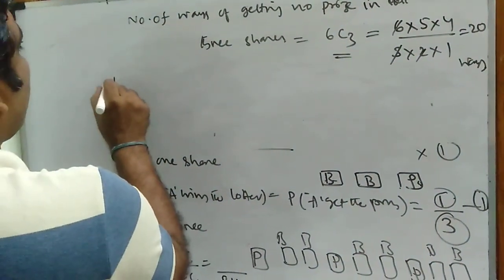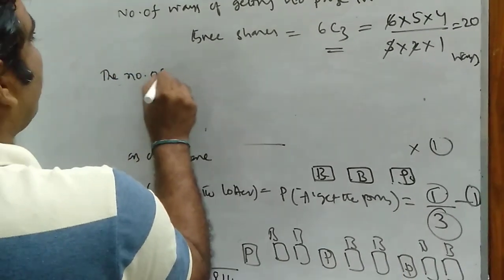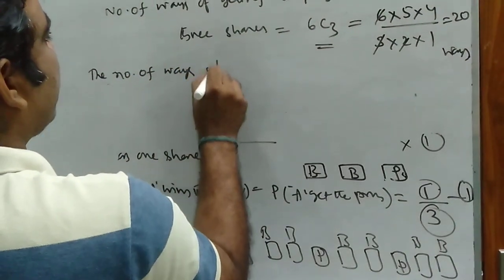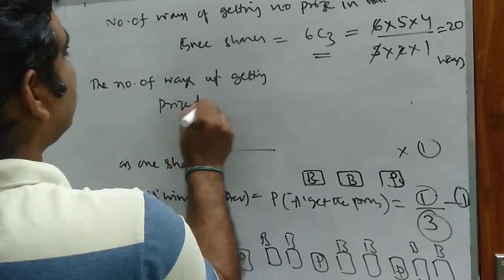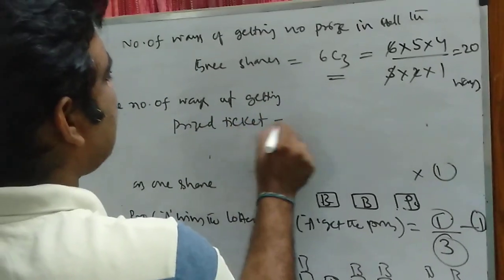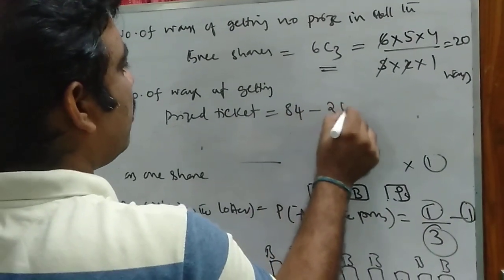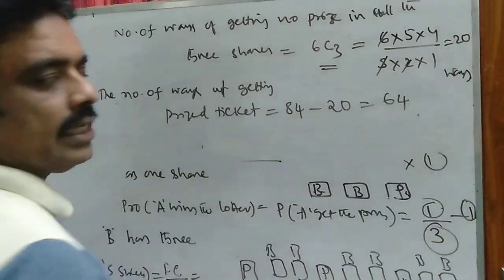So out of 84, 20 ways have all 3 blanks. Then the number of ways of getting a prize ticket is equal to total 84 minus blanks 20, that is equal to 64.